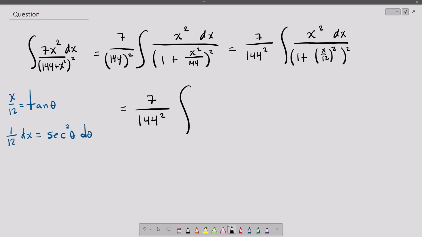So x is 12 tan theta, so we have to square 12 tan theta. Dx is 12 secant squared.